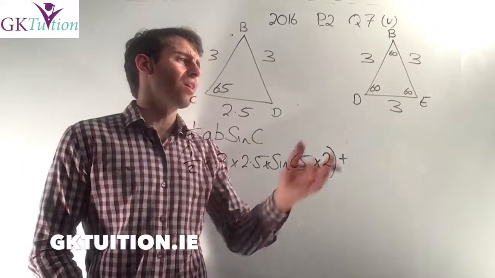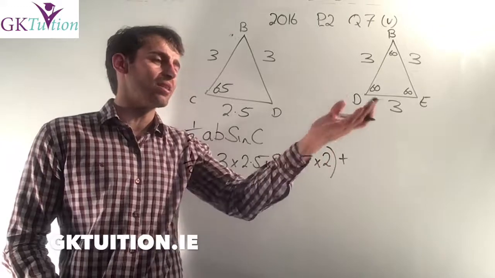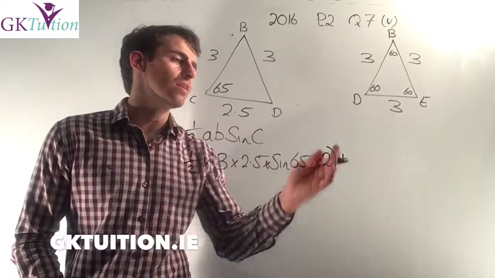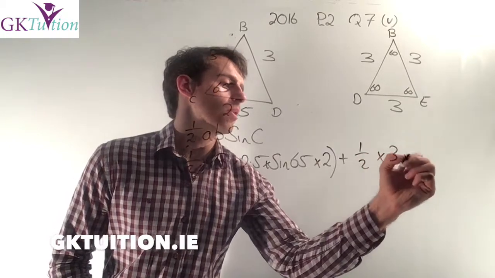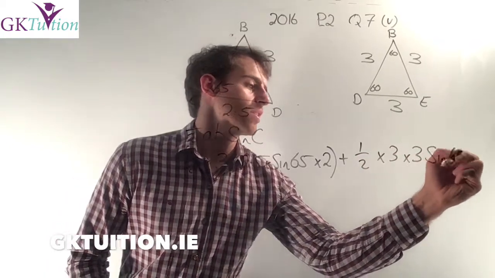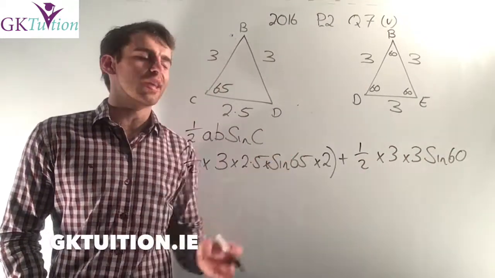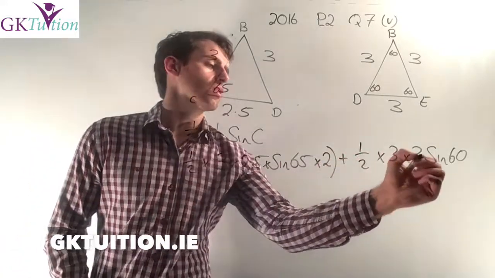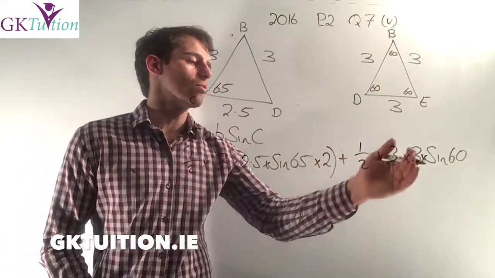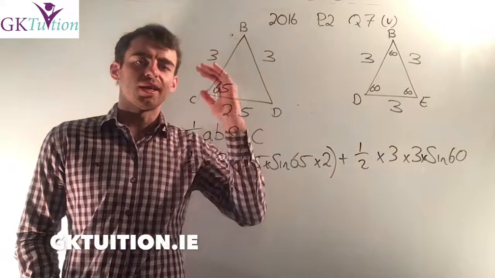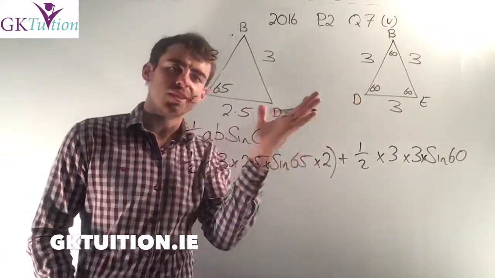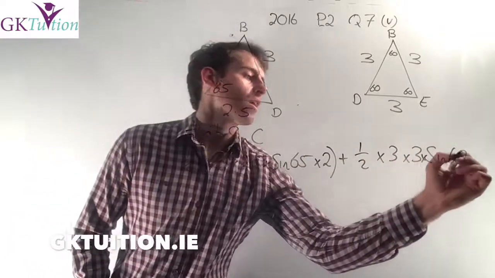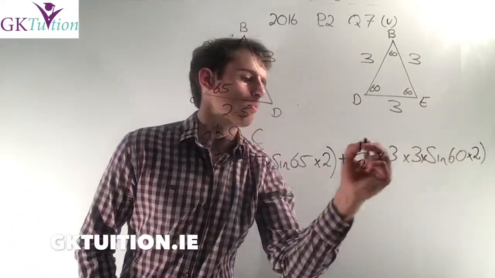To get the area of this triangle, again, the easiest way is a half ab sine C. So in this case, it's going to be a half multiplied by 3, multiplied by 3, multiplied by the sine of 60. Because clearly all of them are the same, so it doesn't really matter which side is which. So it's a half by 3 by 3 by the sine of 60. That tells me the area of the one facing the right, but I also want the area of the one facing the left, so I'm going to multiply that by 2.